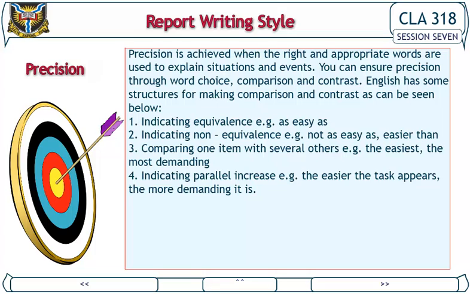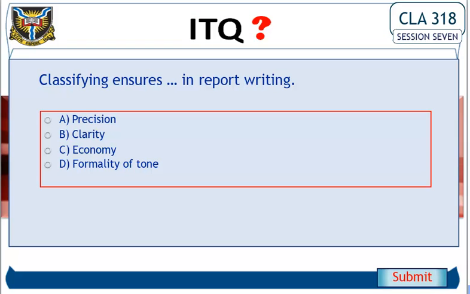Indicating non-equivalence, e.g. not as easy as, easier than. 3. Comparing one item with several others, e.g. the easiest, the most demanding. 4. Indicating parallel increase, e.g. the easier the task appears, the more demanding it is.